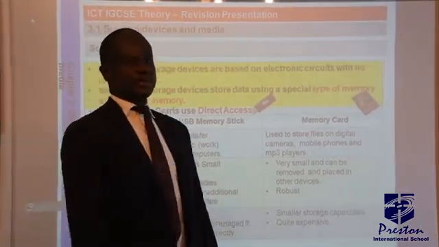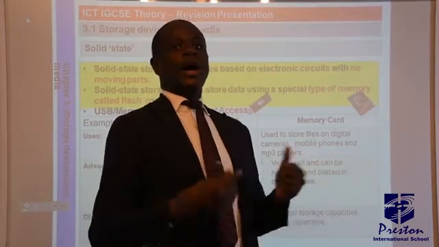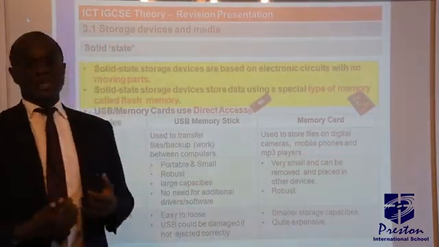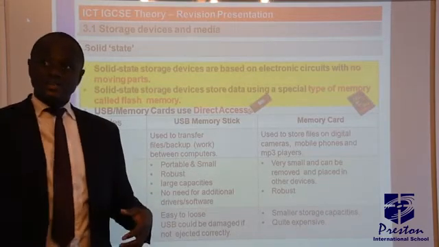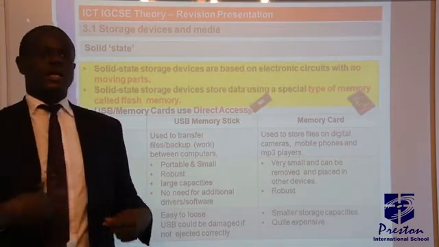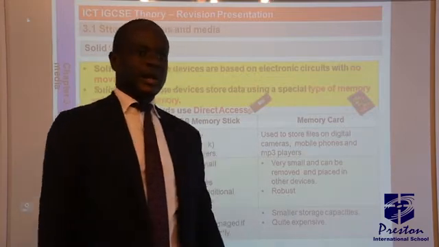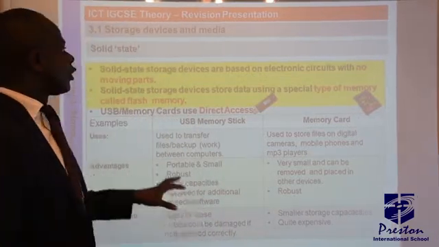Solid-state devices, why do we call them solid-state? Because they don't have moving parts. For example, in your magnetic storage devices, you have rotating plates that are constantly moving. But in solid-state devices, no moving parts. That's why we call them solid-state.